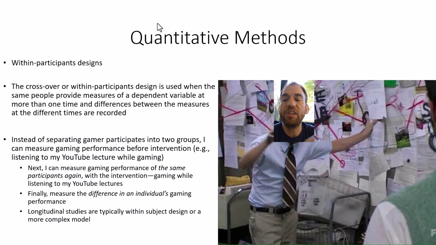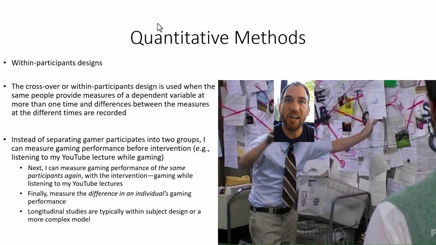But within participants' design, we see those participants again. We have them complete the experiment once, and then we have them complete a variation of the experiment or the same experiment a second time, or a third time, fourth time, fifth time, whatever the research design is. But ultimately, the point is that you are collecting data on these participants multiple times.